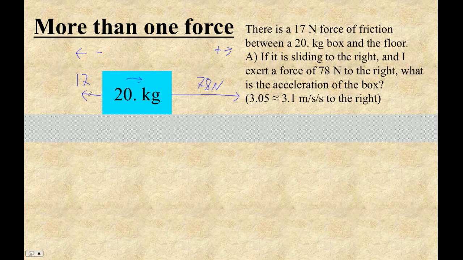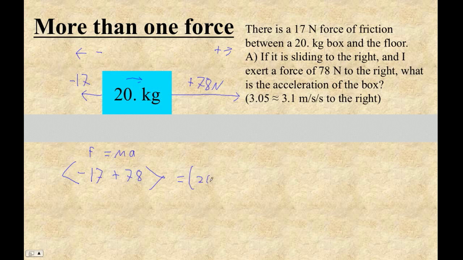To solve this one, of course, we don't want to forget this force here. It's negative, and this one's positive. The formula I'm using here is just F equals ma. But F can't be just one of the forces, it's got to be all the forces. So the forces are the friction force, negative 17 newtons, plus the applied force of 78 newtons, and that's all the forces.